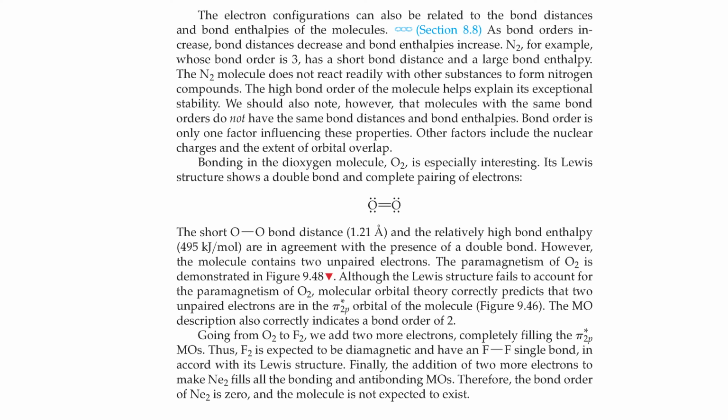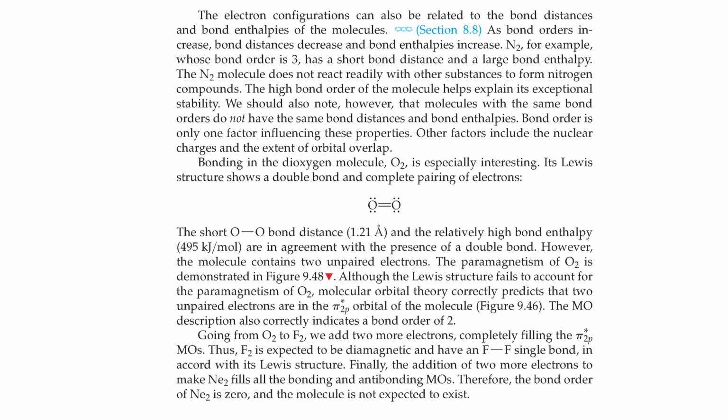Bonding in the dioxygen molecule is especially interesting. Its Lewis structure shows a double bond and a complete pairing of electrons. The short oxygen-oxygen bond distance of 1.21 angstroms and the relatively high bond enthalpy of 495 kilojoules per mole are in agreement with the presence of a double bond. However, the molecule contains two unpaired electrons.